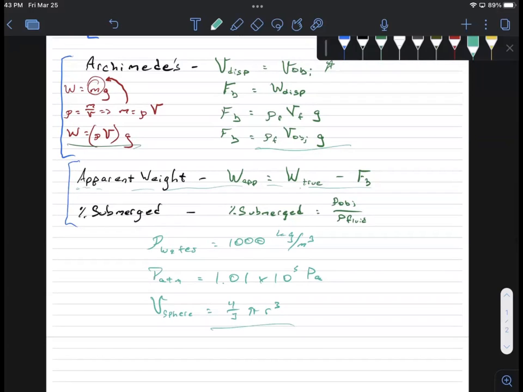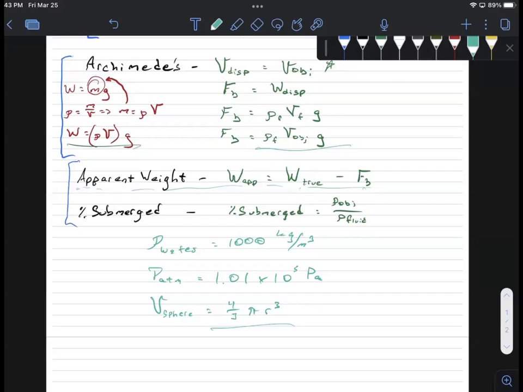So now I have the true weight and the buoyant force. I subtract them, and that gives me the apparent weight. So that's how Archimedes-style problems go. They're usually things where you have to calculate the buoyant force, or the volume of the object, or the volume of water displaced.